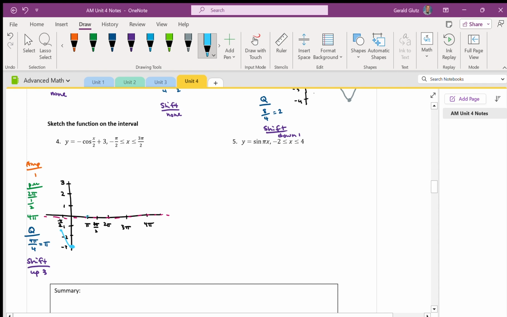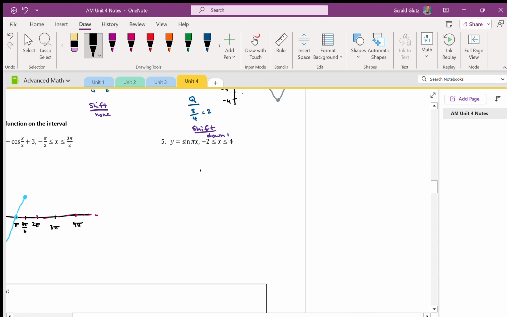I can go up to pi on this side, but to get back up to 3, I would have to go all the way to 2 pi, but I'm only going halfway there, so that would be somewhere around there. So that graph would look something like that with the restrictions that were placed. So I think it was helpful to see the entire graph and then see how the restrictions affected it.